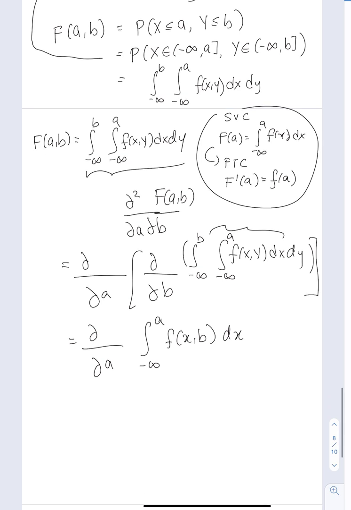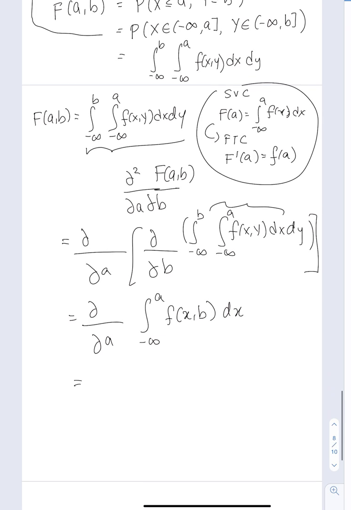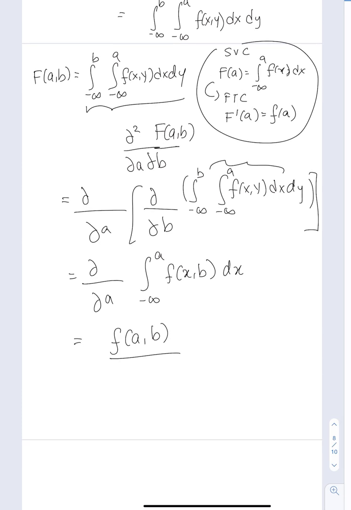And then differentiate this with respect to a, and you will have f of a, b. So this is the other relation between the CDF and the PDF: you can get the probability density function from the joint cumulative distribution function by doing a double partial derivative.